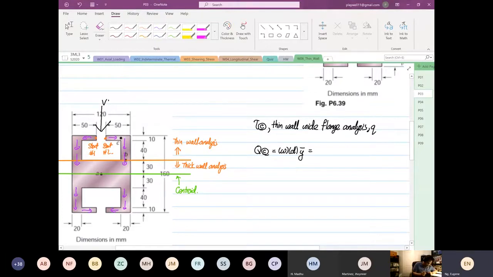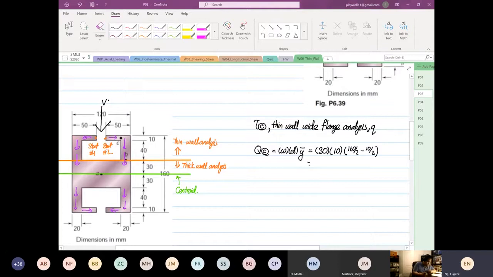So the width for this case is 30. The depth is 10. Then it's 160 divided by 2 minus 10 divided by 2.